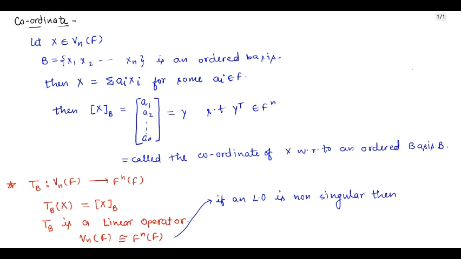If we define an isomorphism from the same space to the same space, then we say that it is an automorphism, right?